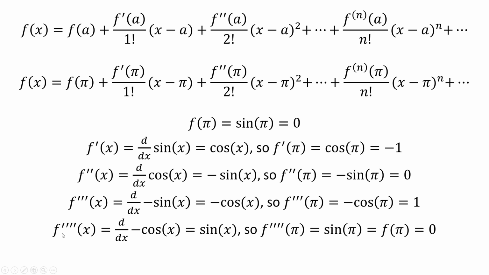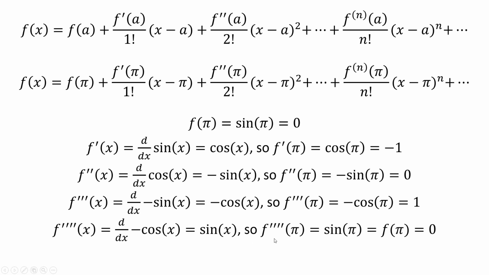And the fourth derivative is the derivative of the third derivative, which is the derivative of negative cos x, which is just sine x. And sine x should be familiar to you because it's exactly f of x. So after we've differentiated f of x 4 times, we just come back to f of x, right? The sine of x.